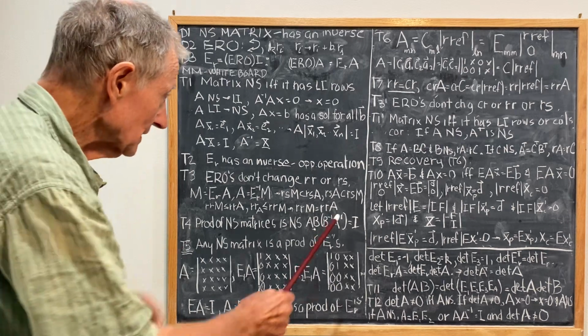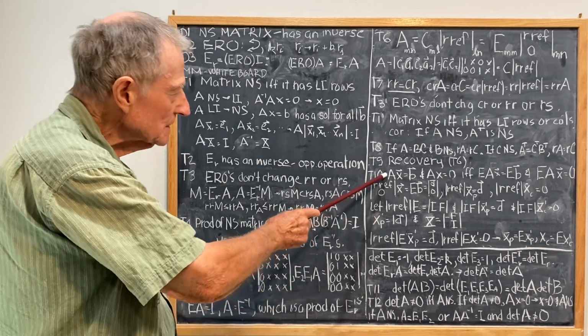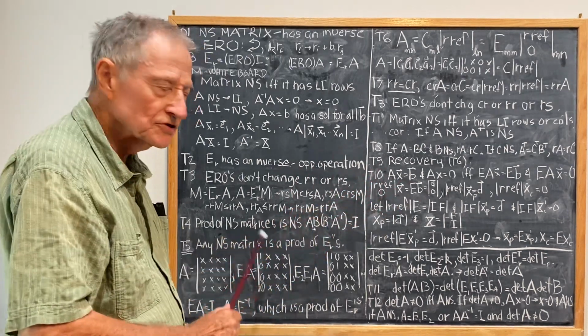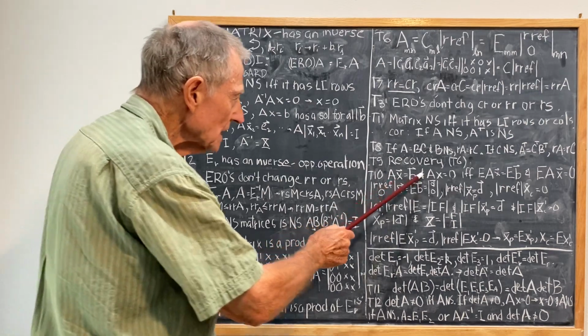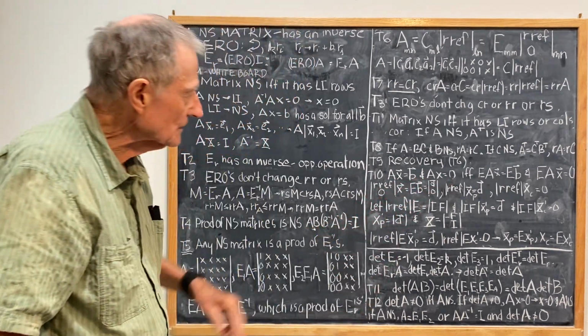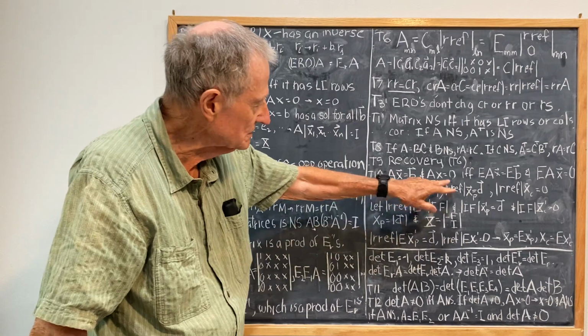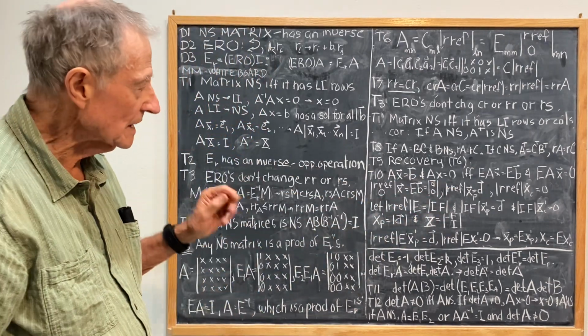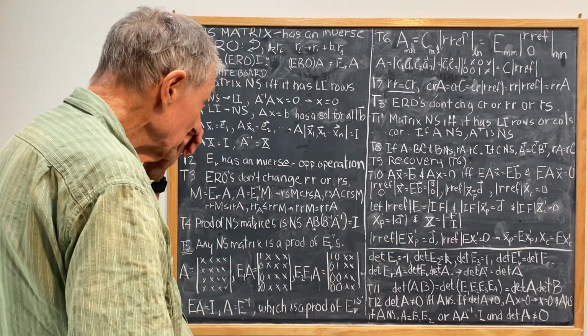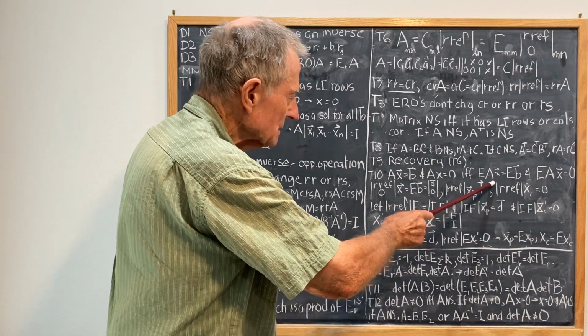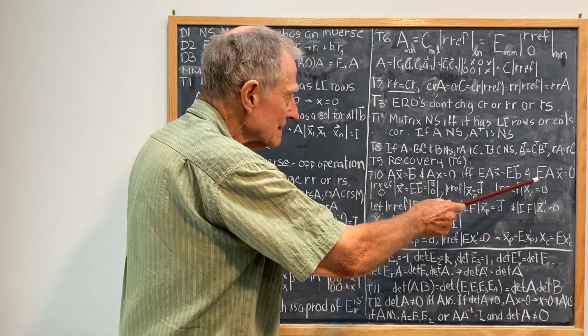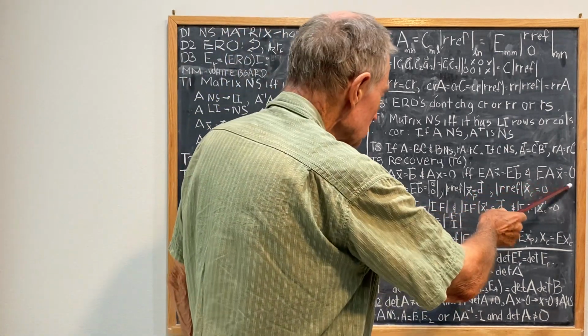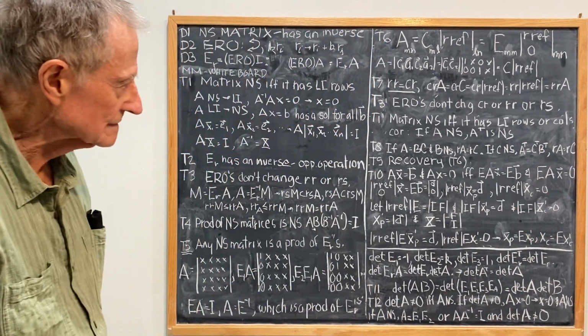Now, another heavy-duty theorem here concerns the solution to AX equals B and AX equals 0. AX equals B and AX equals 0 if and only if EA times X is equal to EB and EAX is equal to 0.